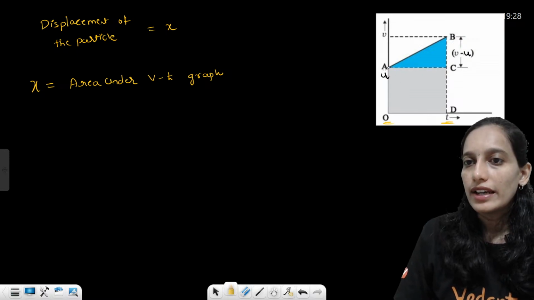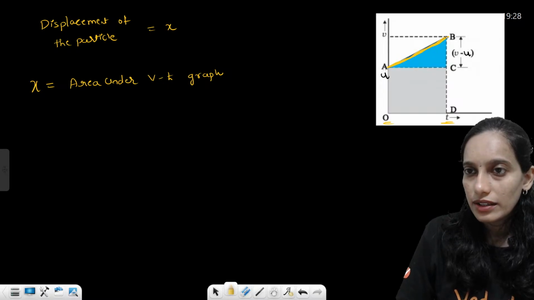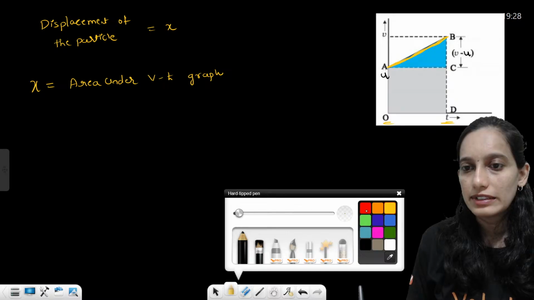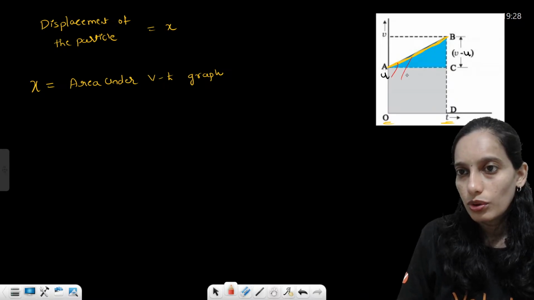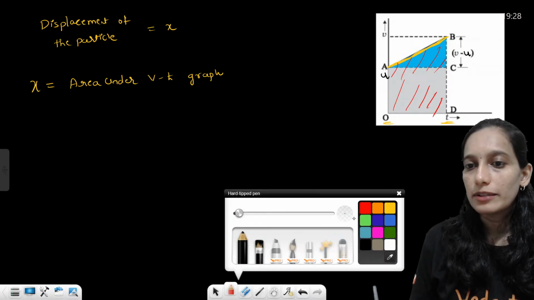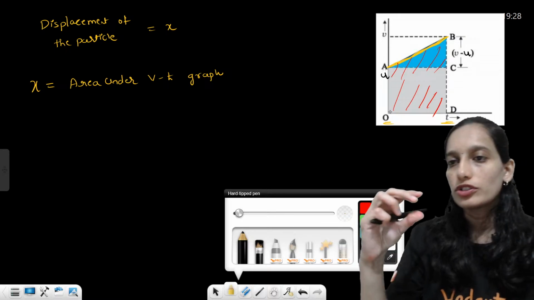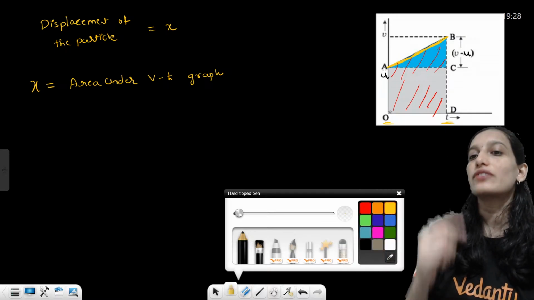Okay, so this is our vt curve. How much area is enclosed by this line? This whole thing. We have split it into two geometrical shapes so that it is easy for us to understand.